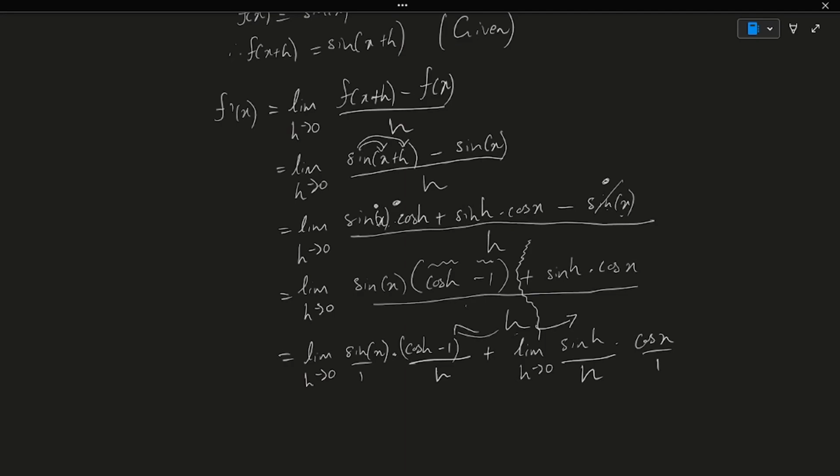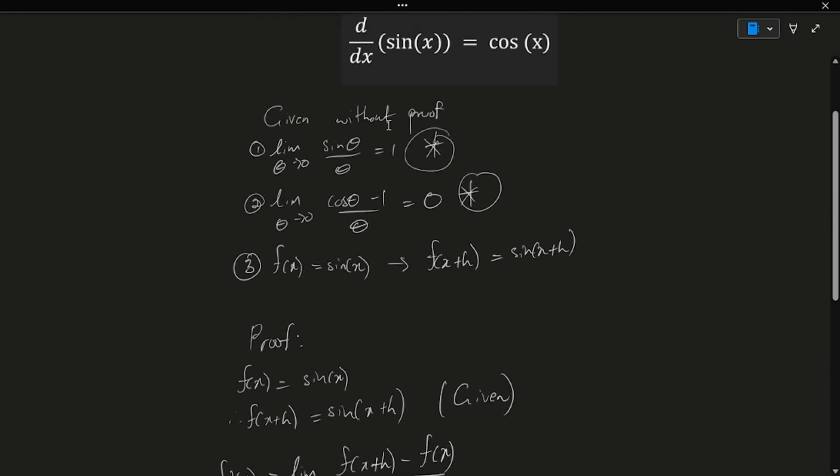So now, as you can see, we have what we want. Look at this. This is what we want, and this is what we want from our first and second givens. So let's look at our first and second givens.